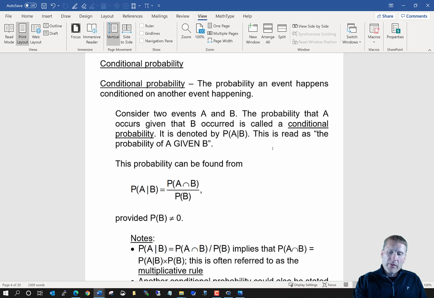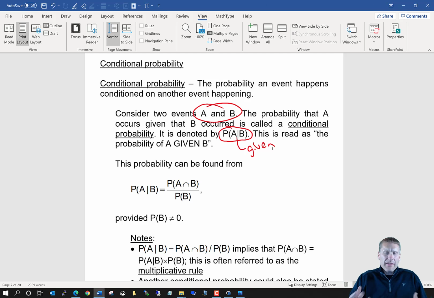If we want to be very generic here, let's look at two possible events, A and B. If I want to know the probability that A occurs given that B has already occurred, this is called a conditional probability. Symbolically, it's denoted with the probability of A, then a vertical line, which is worded as the word given: probability of A given B.